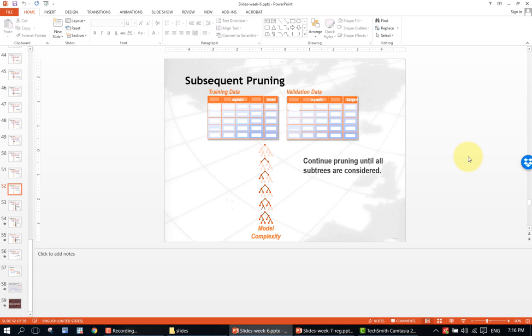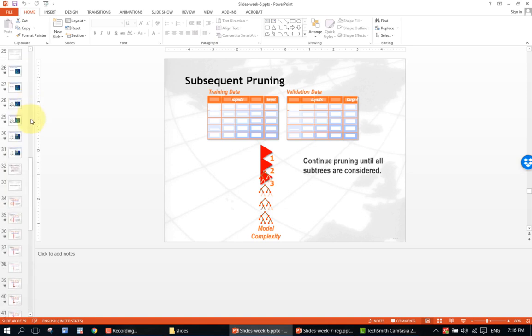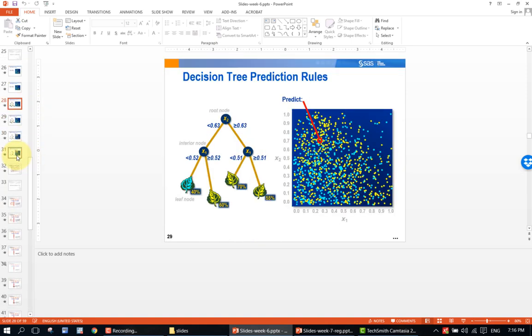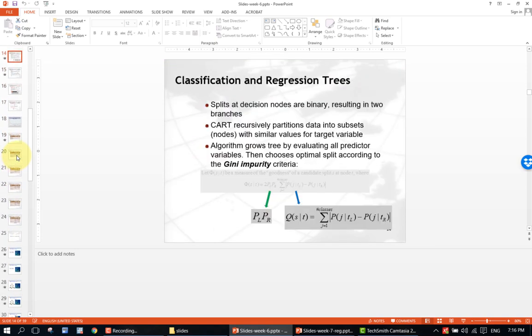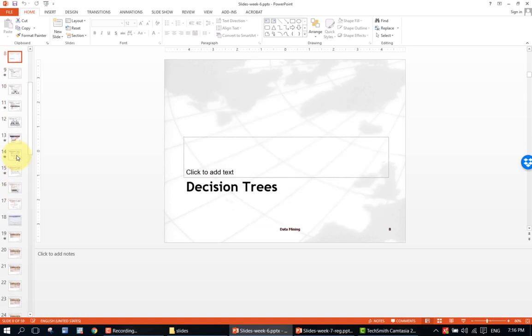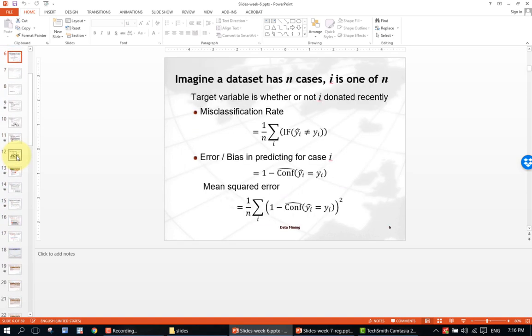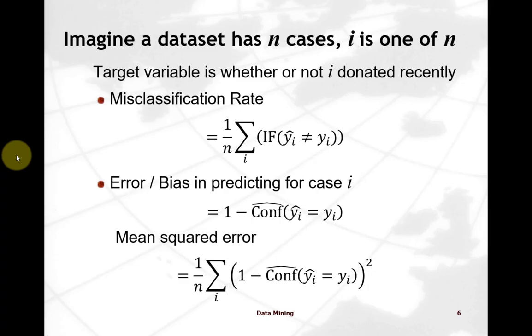In terms of the metric, the misclassification rate is quite straightforward. I think I have it here. So the misclassification rate is simply the percentage of misclassifications, right?